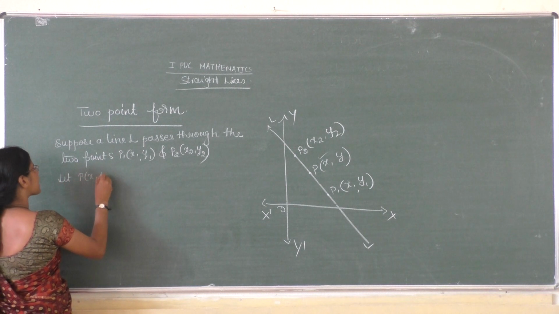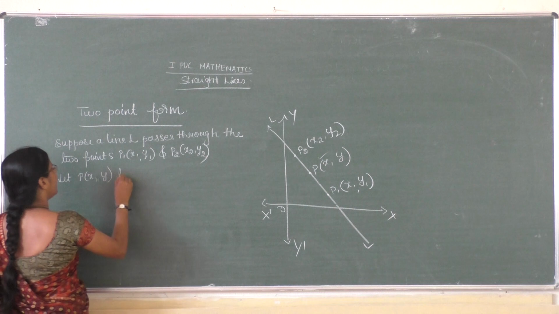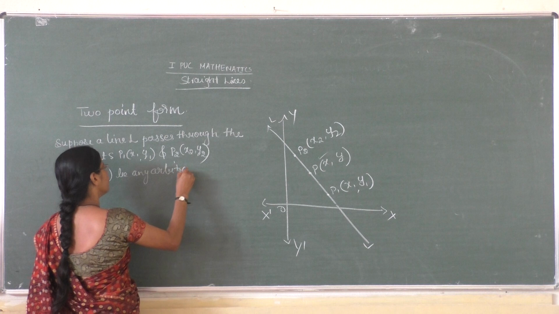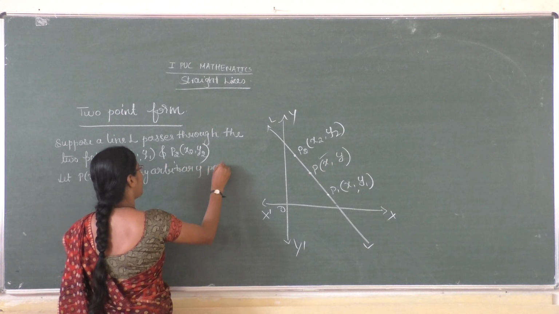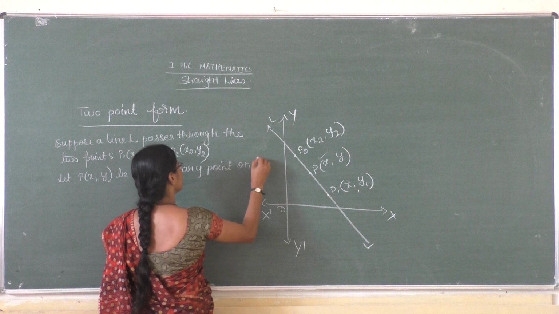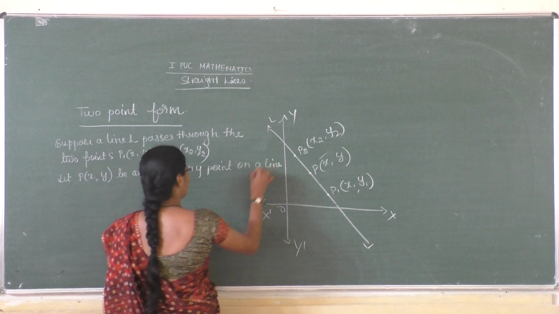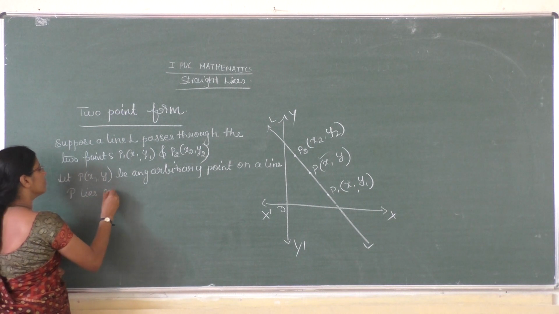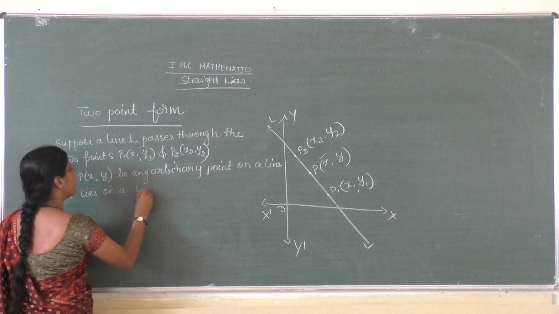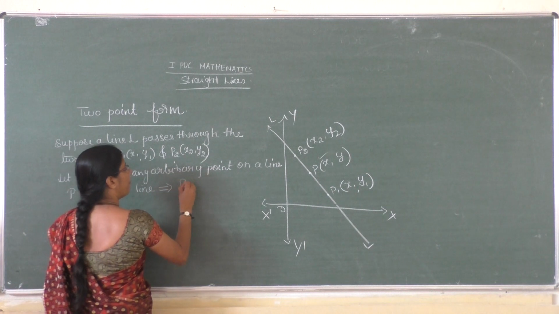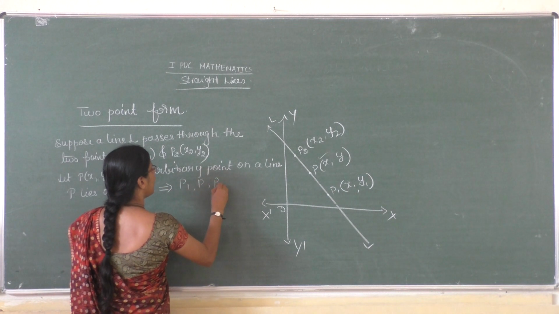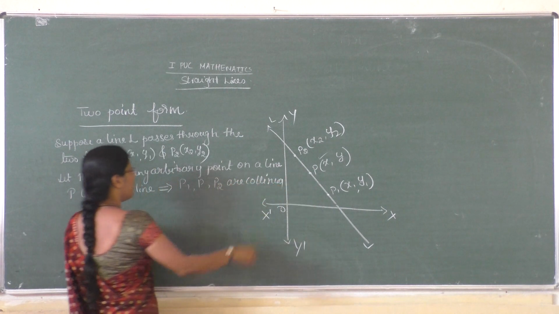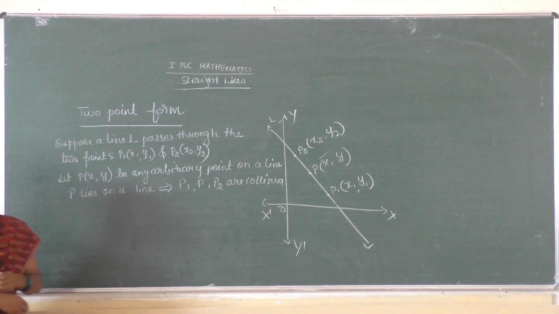Let P of x, y be any arbitrary point on the line. P lies on the line implies P1, P, P2 are collinear.